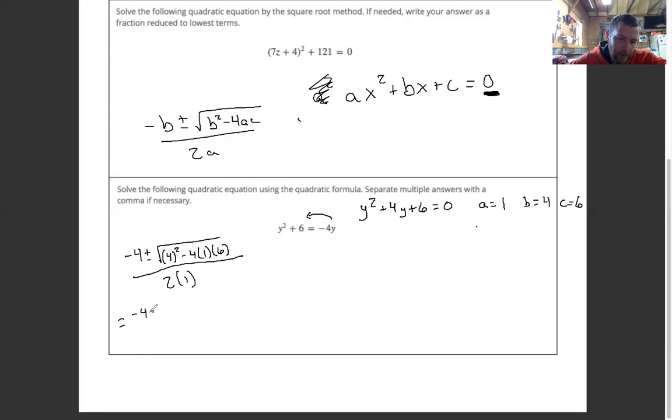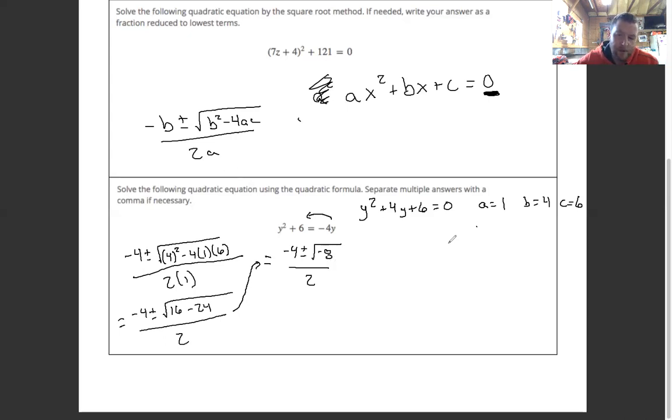Negative 4 plus or minus radical 4 squared is 16, minus 4 times 1 times 6, which is 24, all divided by 2. Keep simplifying. Negative 4 plus or minus square root 16 minus 24 is negative 8 divided by 2. Getting closer.